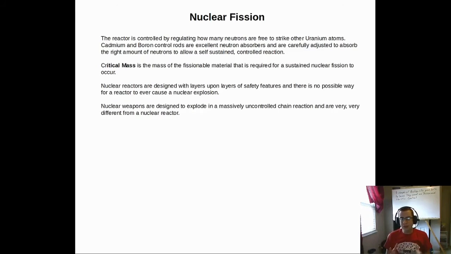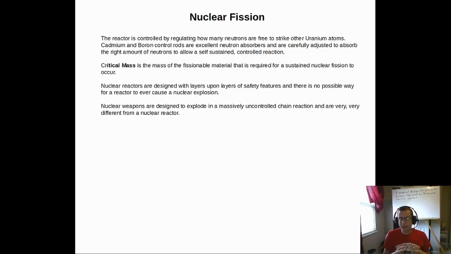Because ultimately, if something is too small, because it's all about chances, is that neutron going to come off in just the right trajectory to hit the nucleus of another uranium atom. And so by giving yourself more material to work with, you're going to have a higher chance of getting that probability to occur. And so you've just got to make sure that you have the minimum stuff required.